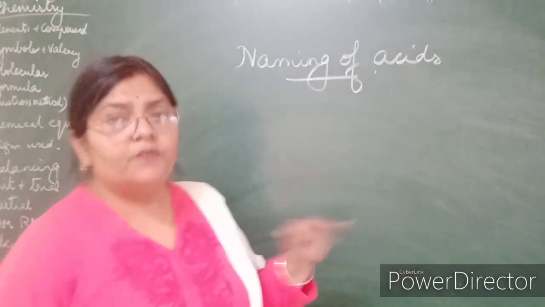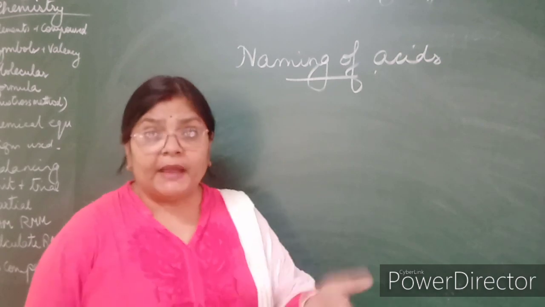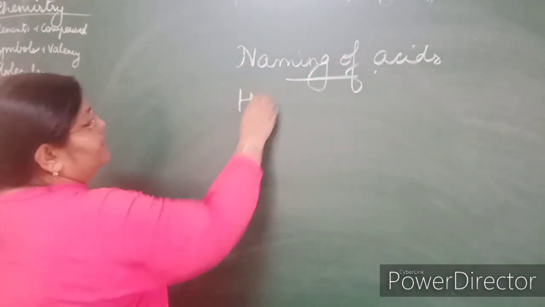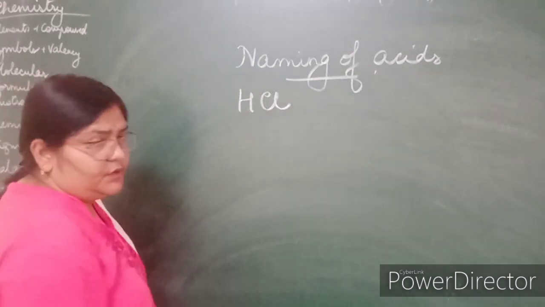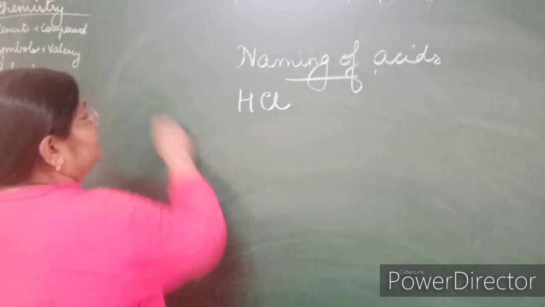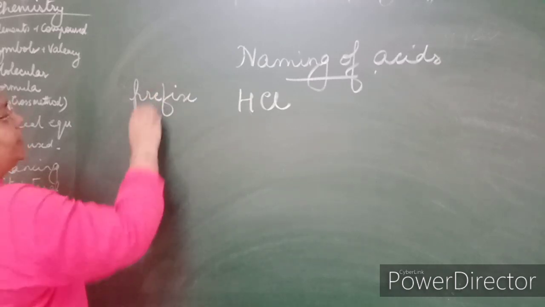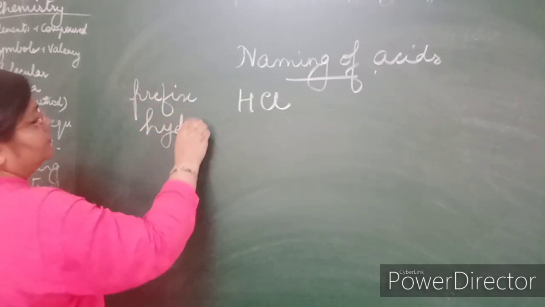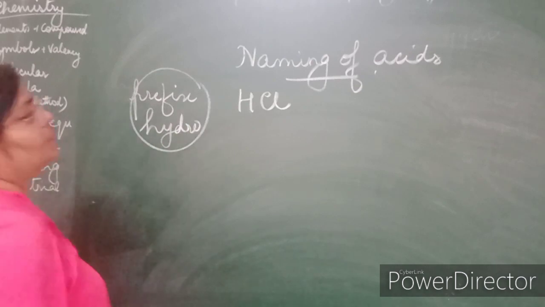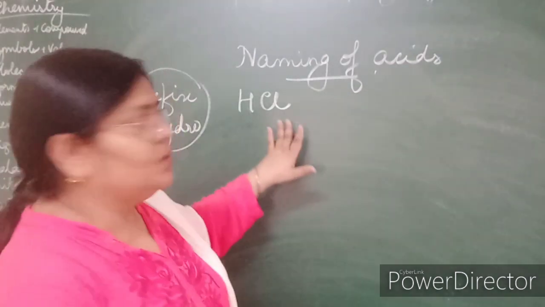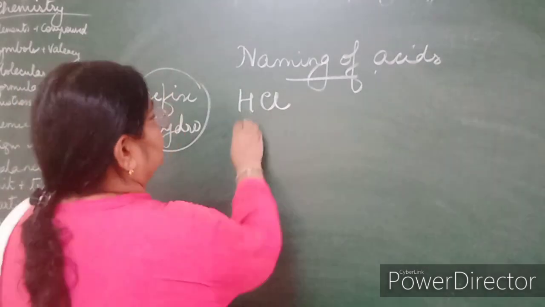So now naming of acids. When we are naming binary acids, that is where no oxygen is there, like for example HCl, then we take the prefix hydro. So here the acid is hydrochloric acid.